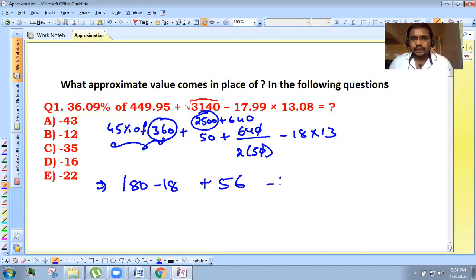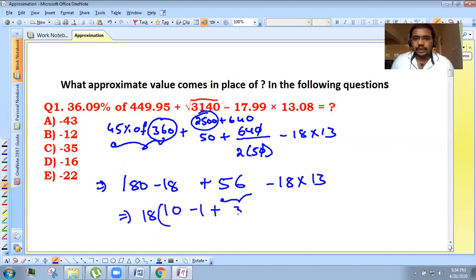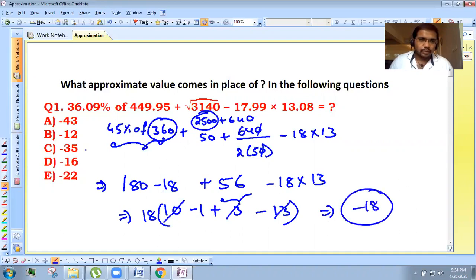That is 56 minus 18 into 13. 18 is common, 10 minus 1, and here approximately 3 times minus 13. 10 plus 3 is 13, minus 13 is cancelled. Then your answer is minus 18. Approximate answer is equal to minus 16. Then D is your answer.